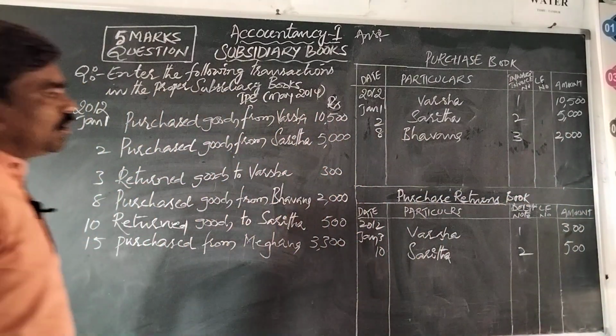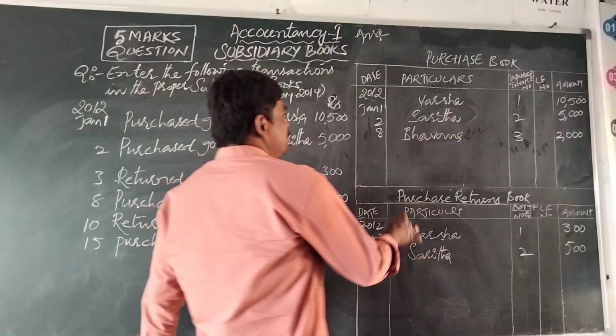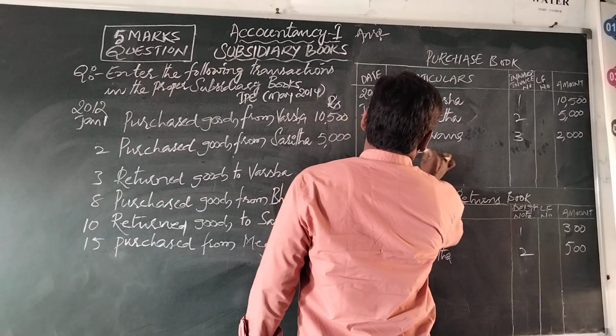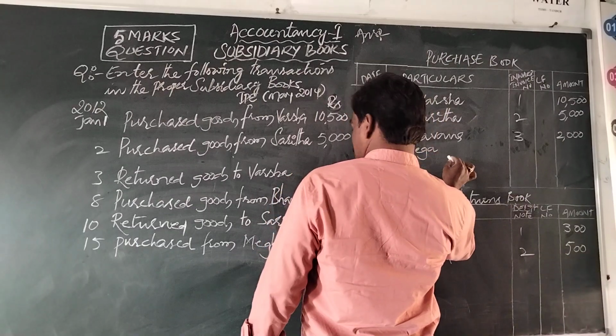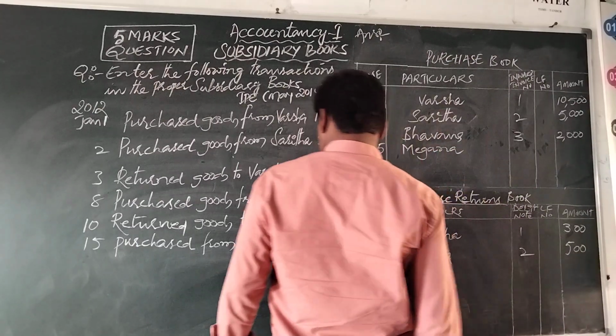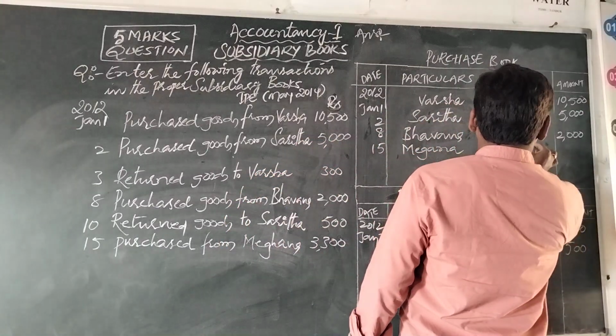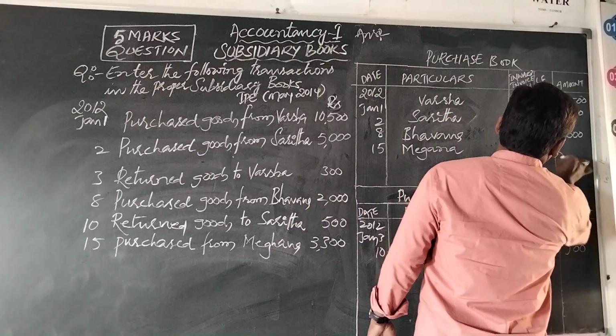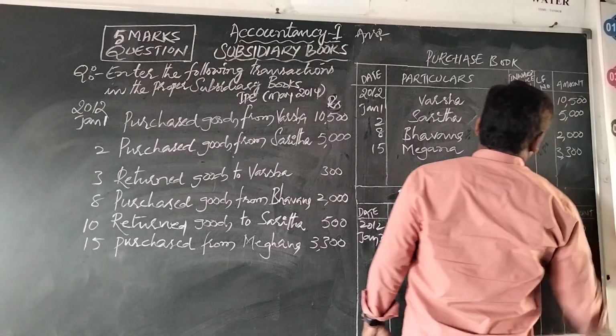Okay, come to the next one. Purchased from Meghana. It is a credit transaction, so it comes in the purchase book. Date 15, Meghana, and inward invoice number 4, amount 3,300.